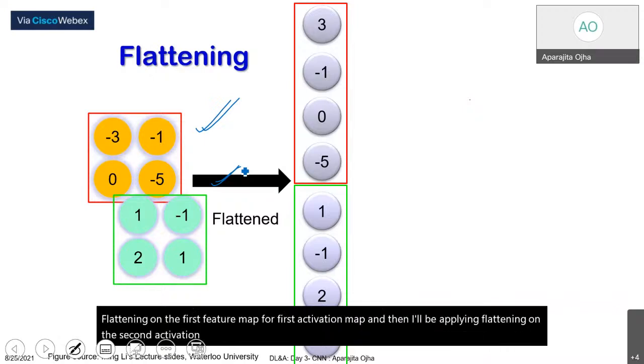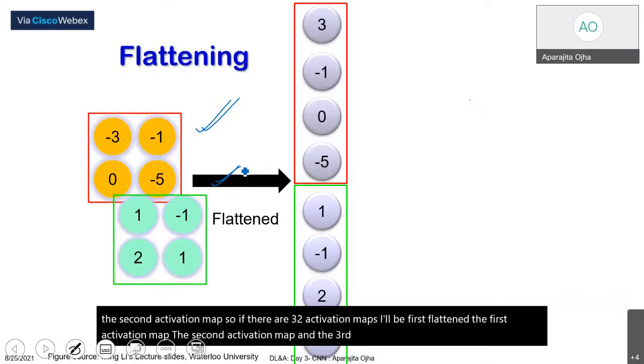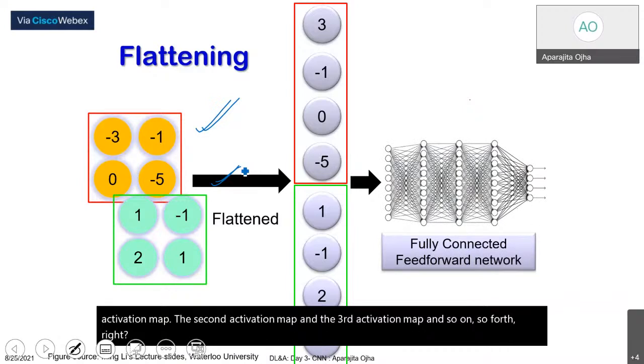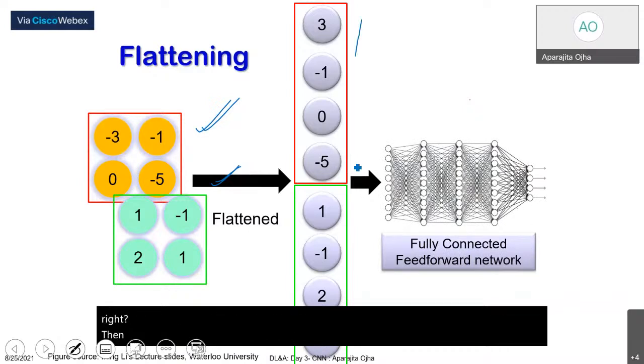So if there are 32 activation maps, I will first flatten the first activation map, then the second, and the third, and so on and so forth. Then that flattened vector is sent to the fully connected network. Okay.